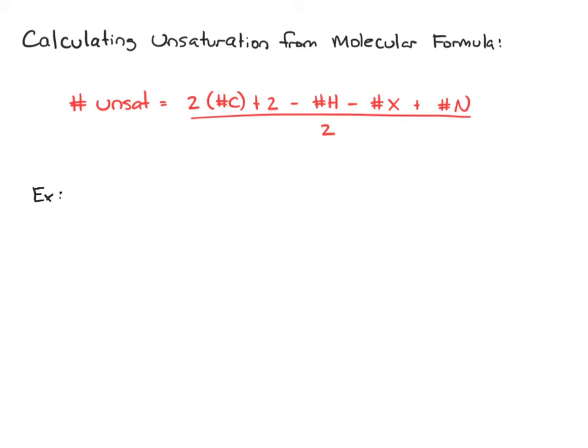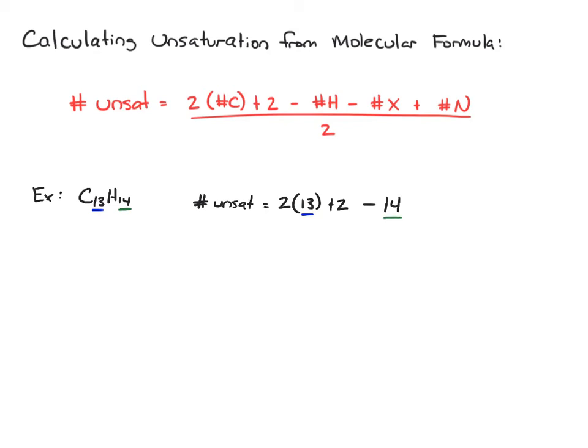We'll just start with the hydrocarbon, C13H14. So now, using our calculation, the number of unsaturations is 2 times the number of carbon, which we know is 13, plus 2, minus the number of hydrogen, which we know from our formula is 14.